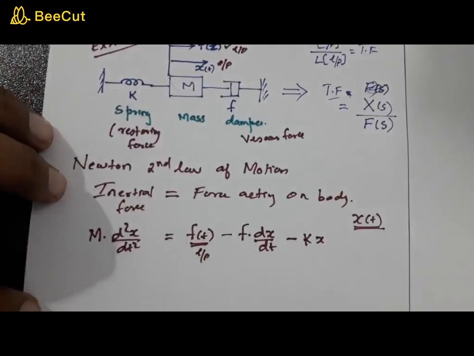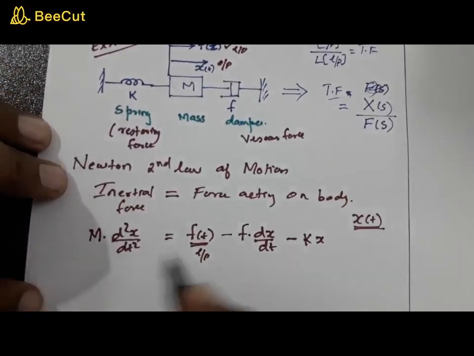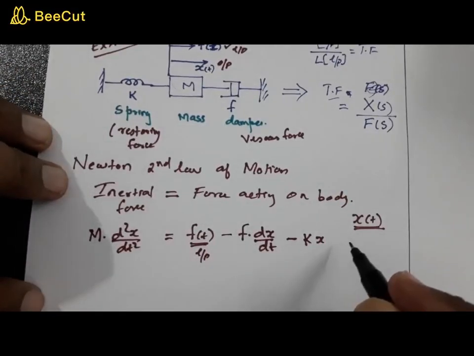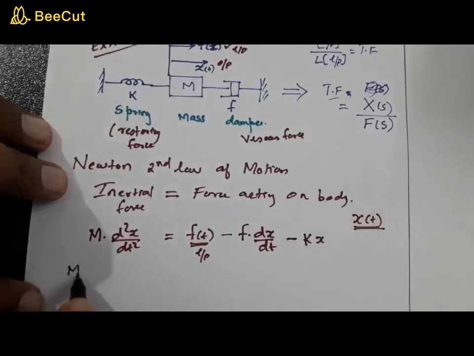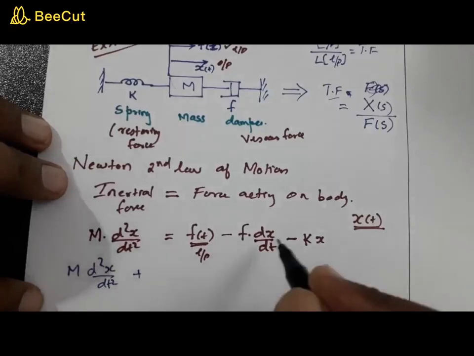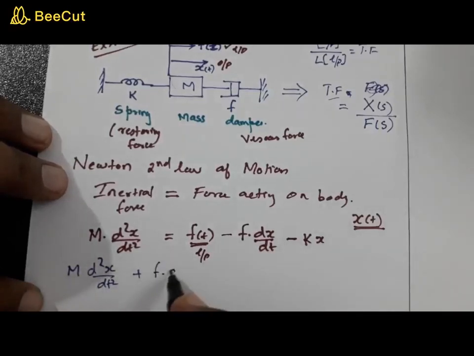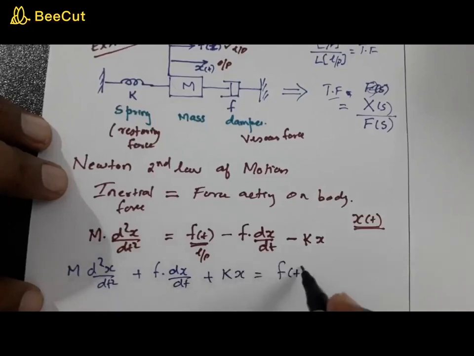Let's have a try. What is next? This is actually a differential equation, so it can be rewritten as m d square x by dt square plus f into dx by dt plus kx is equal to f of t.